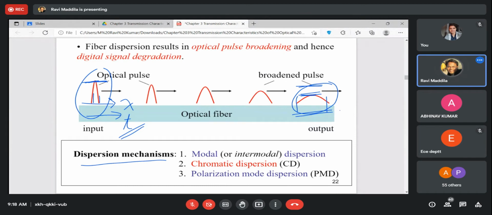Now coming down, you see there are different dispersion mechanisms. What are these dispersion mechanisms? These say why these things occur, or why the pulse broadening happens.